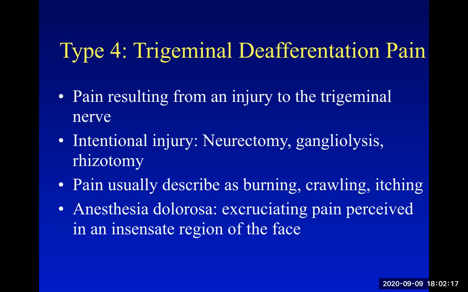So it's kind of this bizarre scenario where the patient reports numbness, but they're also reporting severe pain in the region of the numbness. And as I said, this is fortunately very rare, but it's a situation you don't want to end up in because there's not really good treatment options for anesthesia dolorosa.